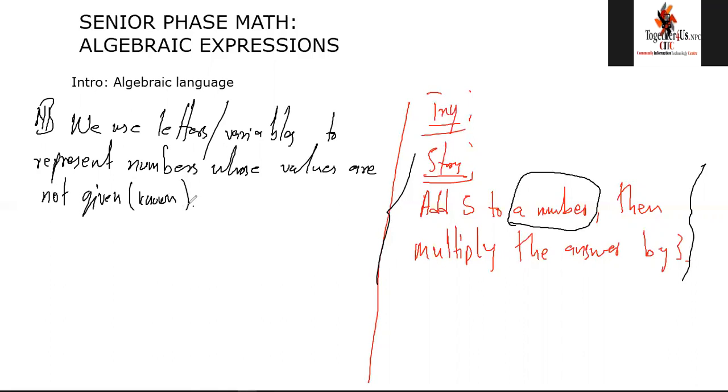So in mathematics, particularly algebra, if you do not know what the value of a number is, you can use a letter or what we call also a variable.